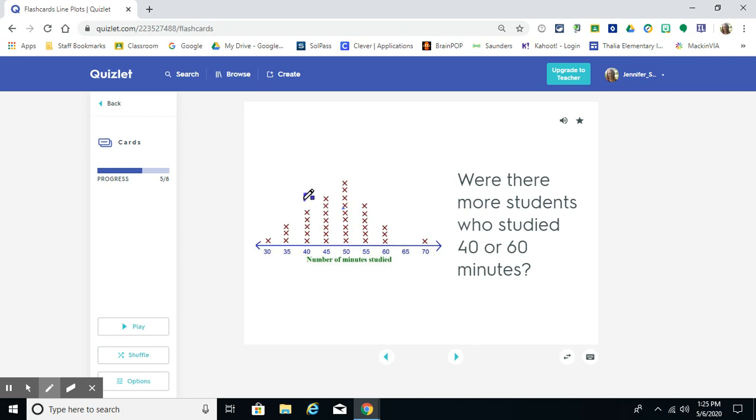So 5 students studied for 40 minutes. And then we're skipping everything else and going over to 60 minutes where we have 3 students. So more students studied for 40 minutes.